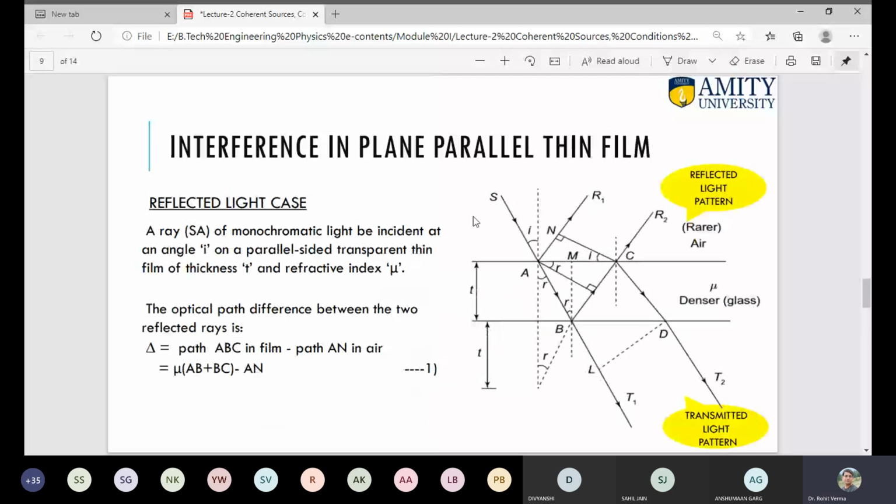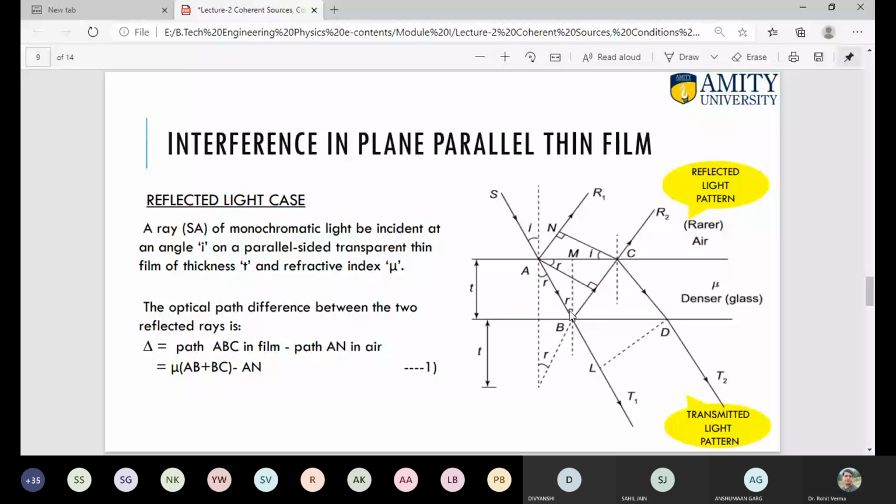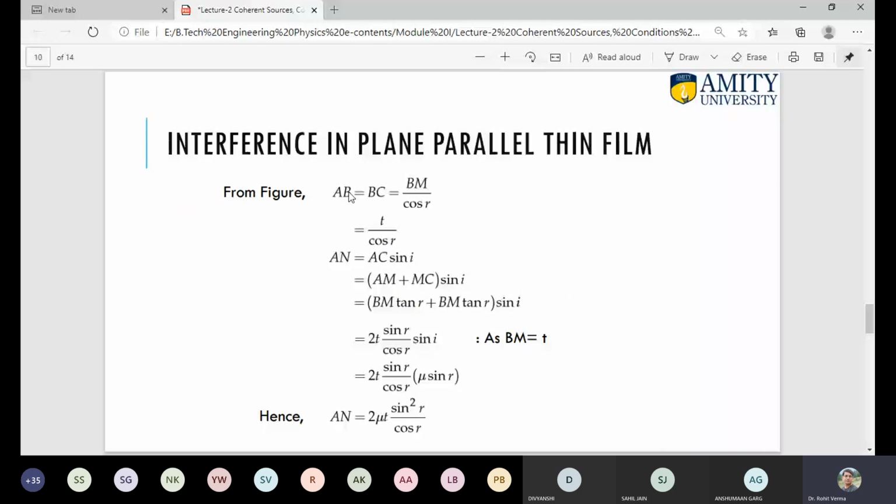Okay, this is not hypotenuse. If you are taking this particular angle, and this one is of 90 degree, therefore this will be base. So the relation between base and hypotenuse will be that of cos. Cos r will be base upon hypotenuse, so it will be BM upon AB. Cos r is equal to BM upon AB, and BM is t. So AB is equal to BC, which comes out to be t upon cos r.